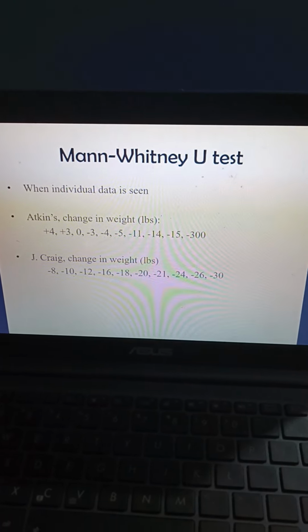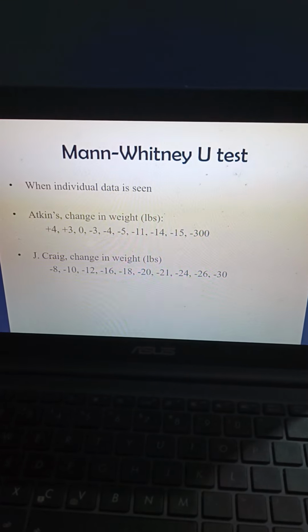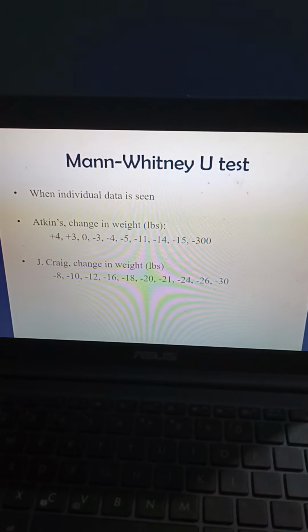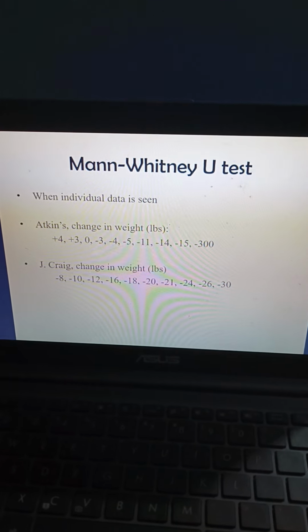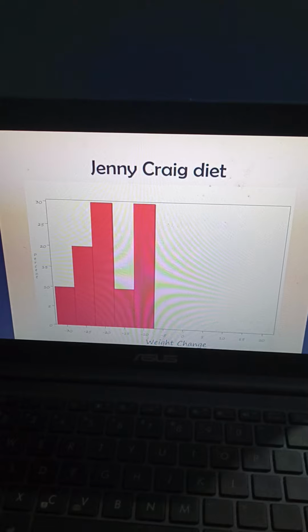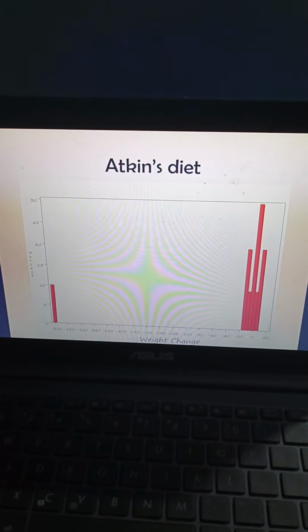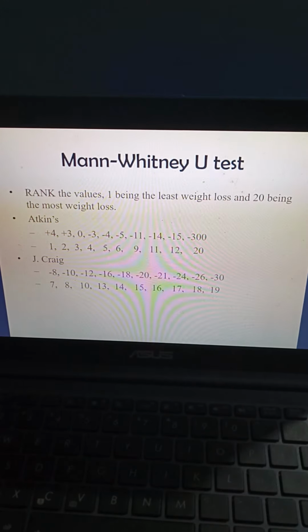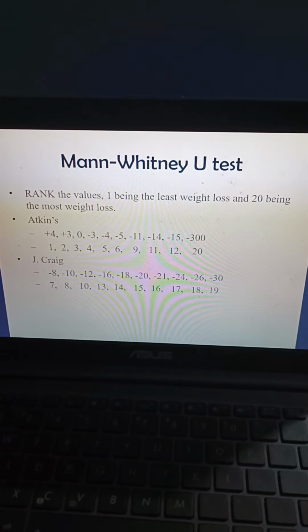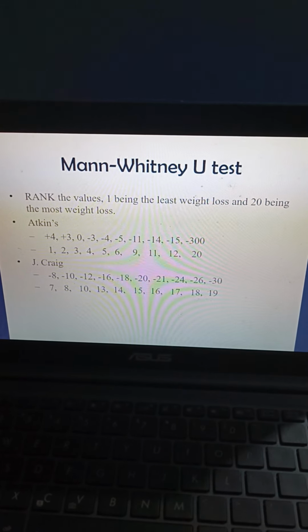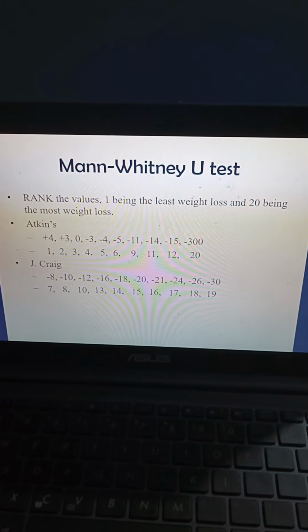And when individual data is seen, the Atkins change in weight is found out, and change in weight in lbs also found out. Then Jenny Craig diet, and Atkins diet, and Mann-Whitney U test: rank the values, 1 being the least weight loss and 20 being the most weight loss.